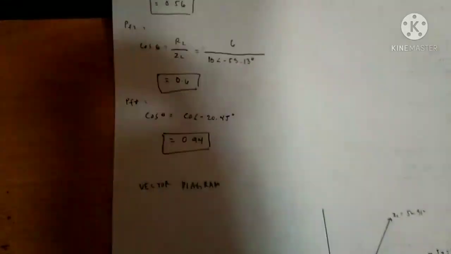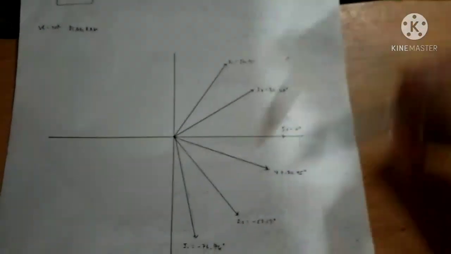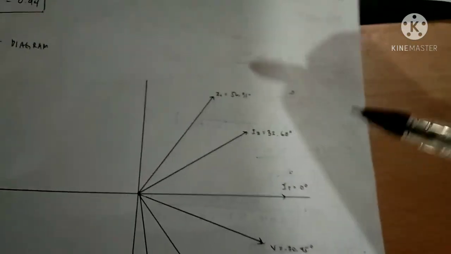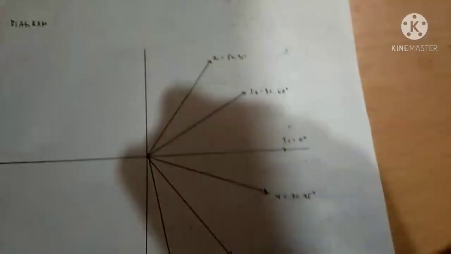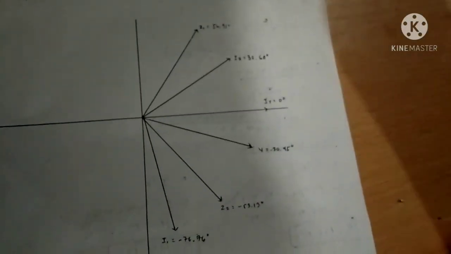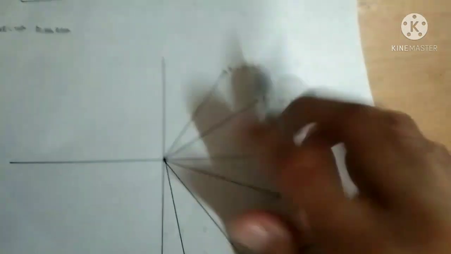So we also have to show the vector diagram. The vector diagram isn't actually that hard to understand, because these values, the 56.31, 32.68, 0, are the directions or the imaginary part of our Z1, Z2, I1, I2. For example, Z1 is 56.31.